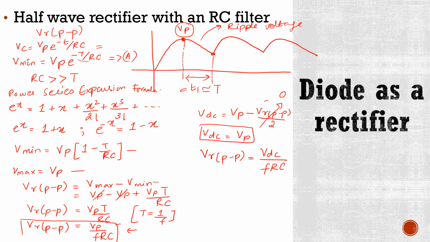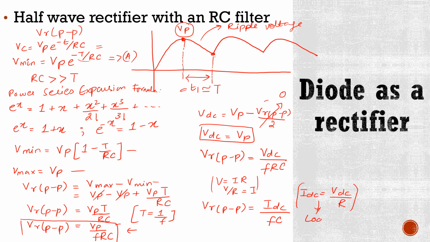Now we know that from Ohm's law V is equal to IR, and V upon R is equal to I. So here this equation now becomes VR peak to peak is equal to IDC divided by FC, because we know that here this IDC is equal to VDC divided by R, and it is load current.